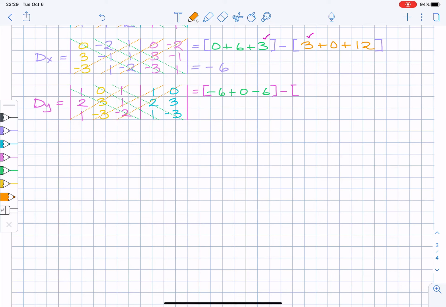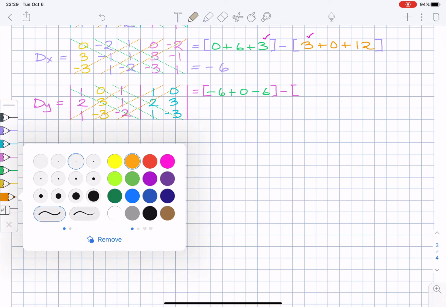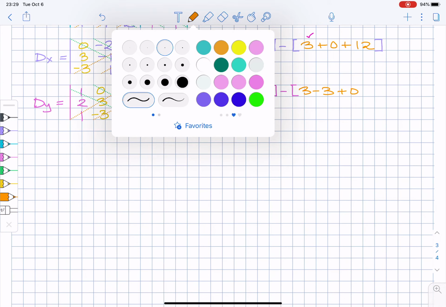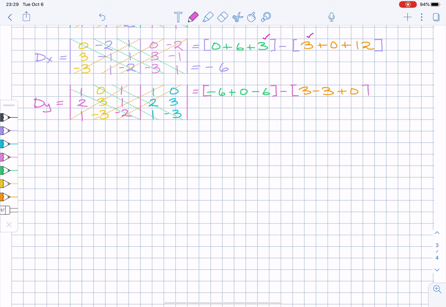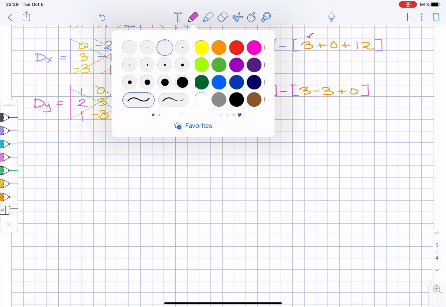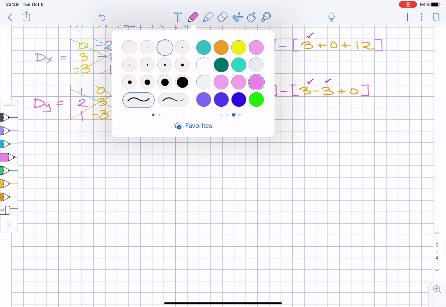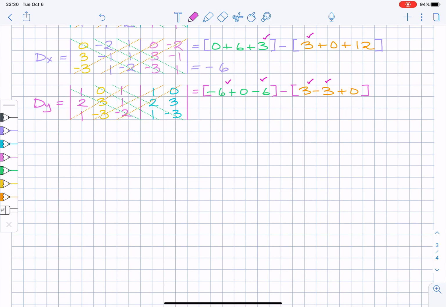So that's pretty easy. That's 3 minus 3 plus 0. So I can essentially ignore those guys because they sum to 0, as do these. Uh-oh. Look at this. Interesting. Is this going to be okay? Well, 0.